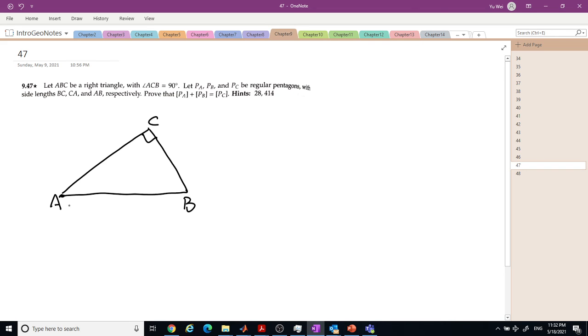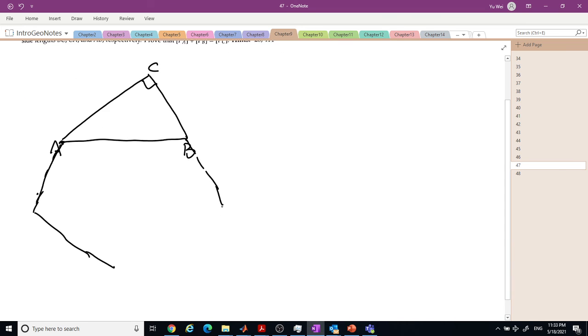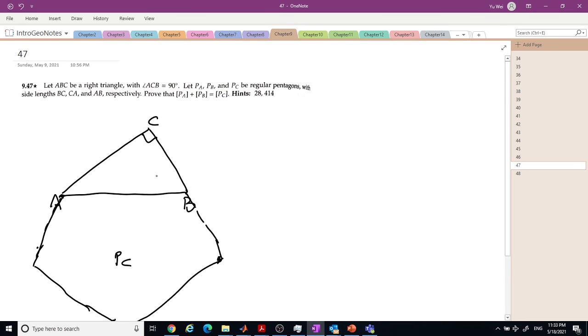If you draw everything, it's kind of very messy, right? In this case, normally we only draw one pentagon. We try to parameterize by only drawing one pentagon. Okay, let's draw one pentagon of this, call it PC. Let's see what's going on here.